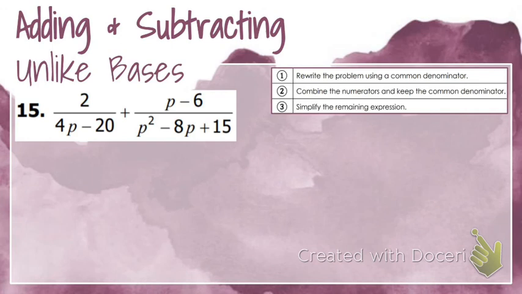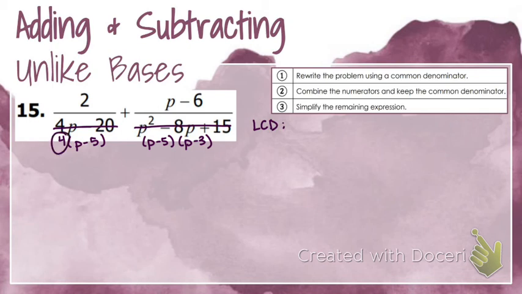And here is our last example. So we're going to factor the denominators. This one can be rewritten as 4 times p minus 5. And this one can be rewritten as p minus 5 times p minus 3. All right, so our least common denominator, we have coefficients.